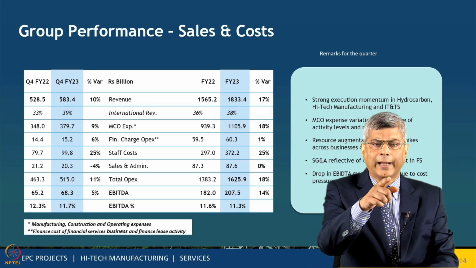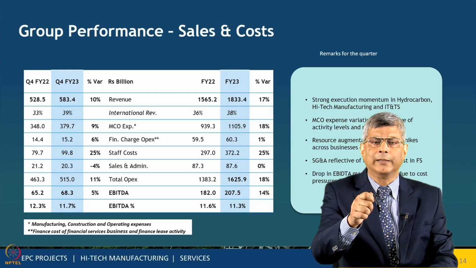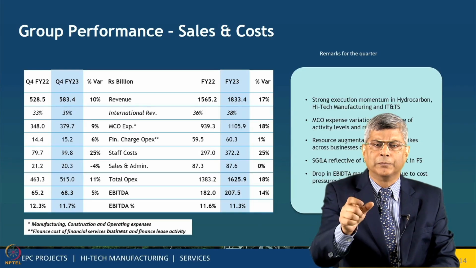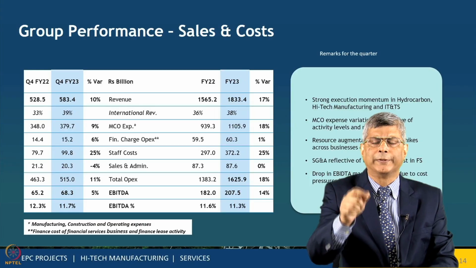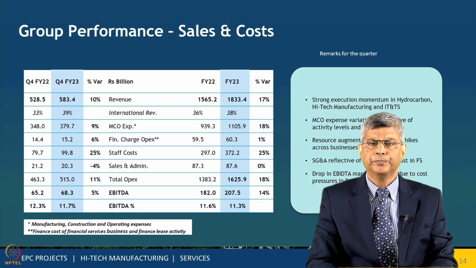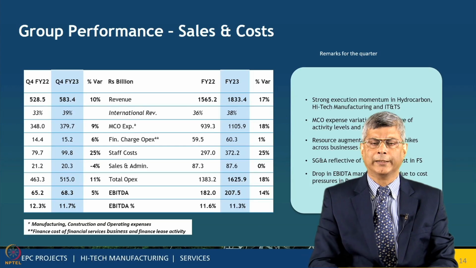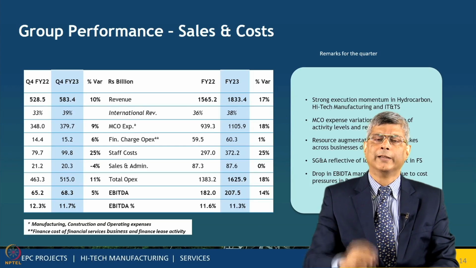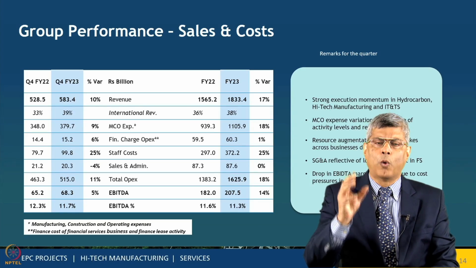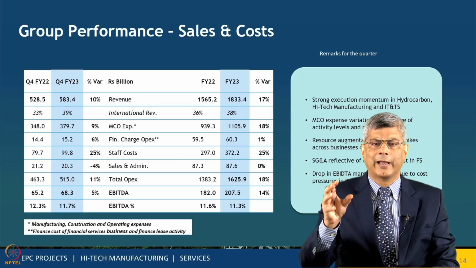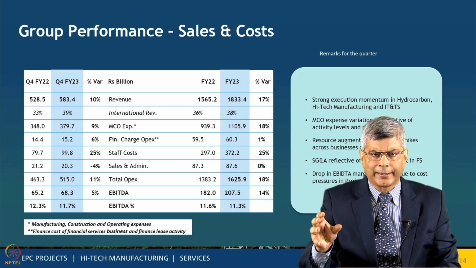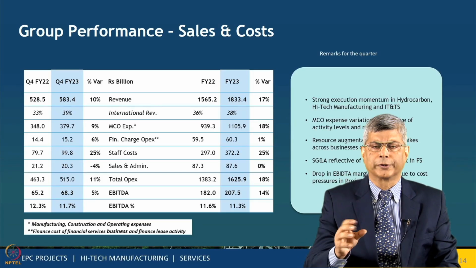So if you look at the top, it says rupees billion, and then if you look at the column in blue on the right side, which says FY23, you will see, if you read the numbers correctly, their sales is 1,83,000 crores.